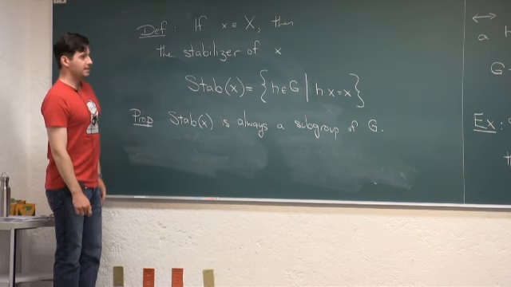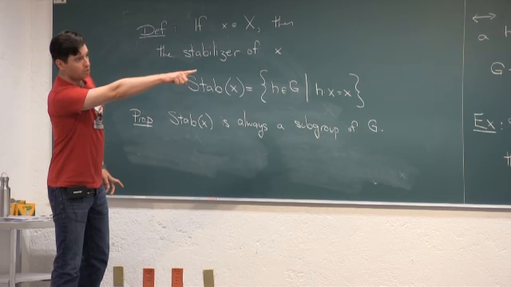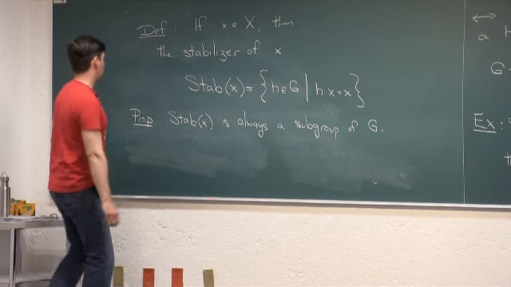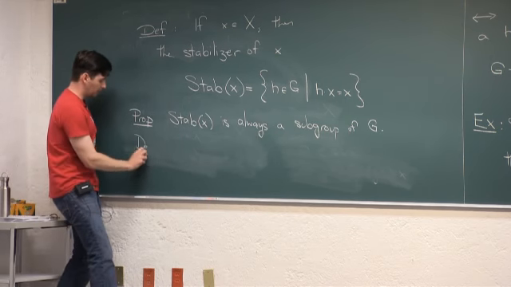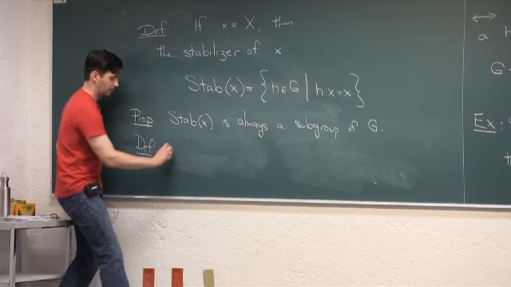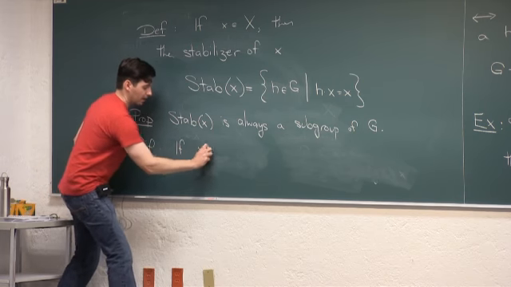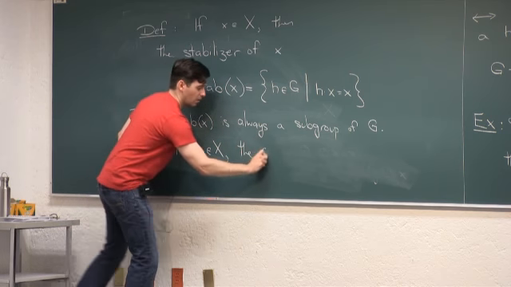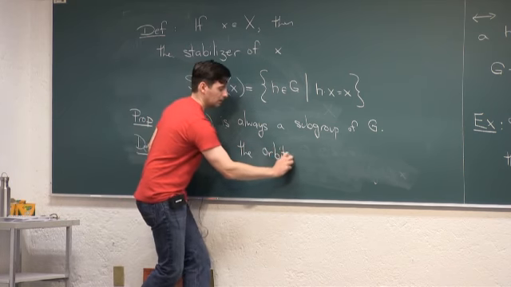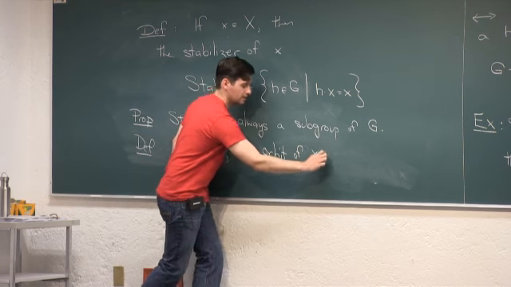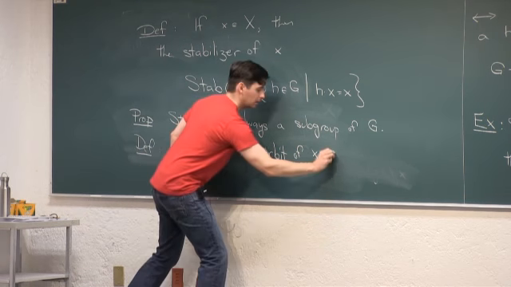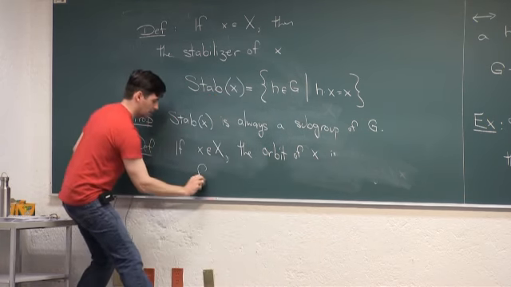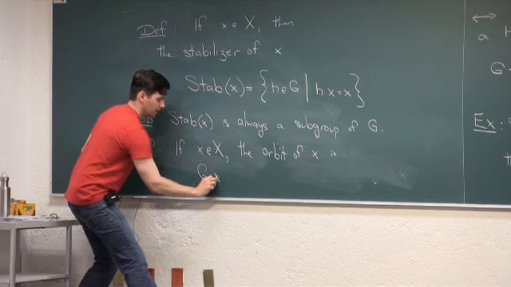The other piece that we saw was I had the two blue dots, and then I made sure they were connected. So that's the other part. If x is in X, the orbit of x is, I'll write it as G times x.